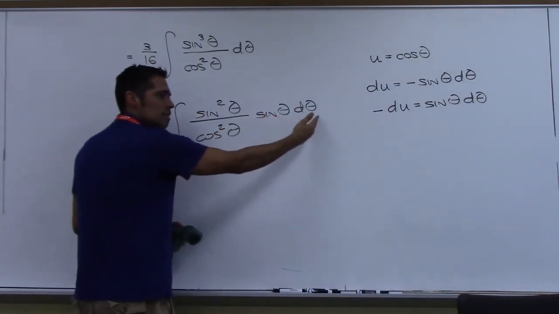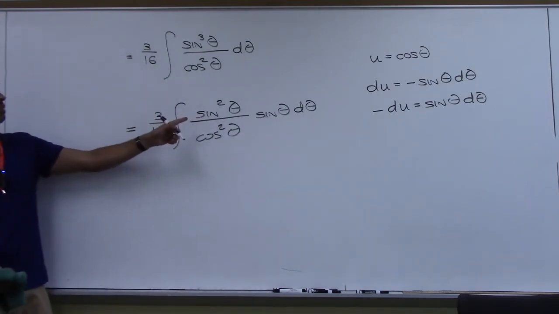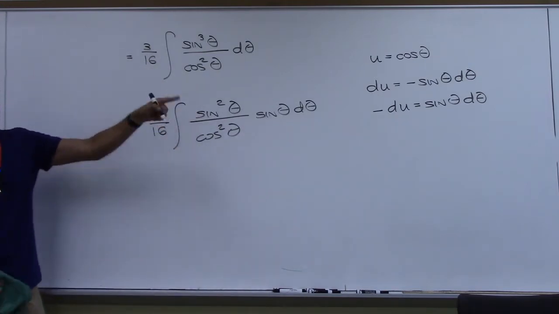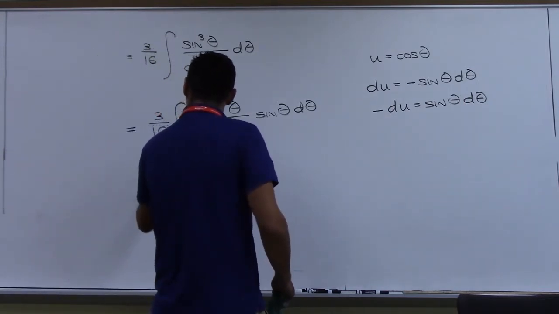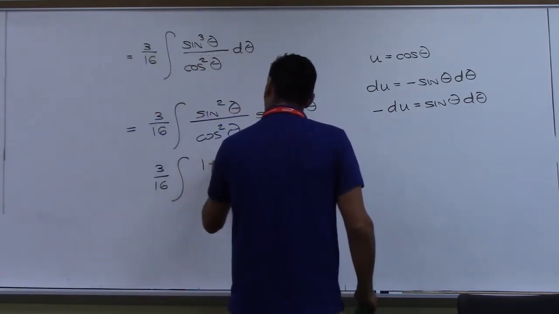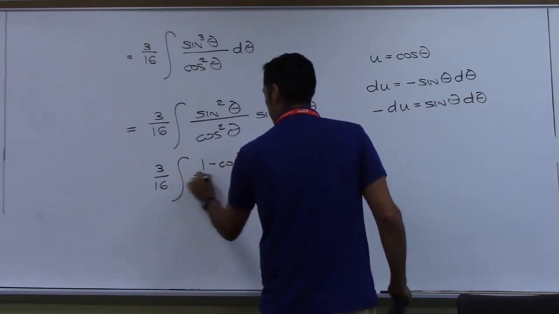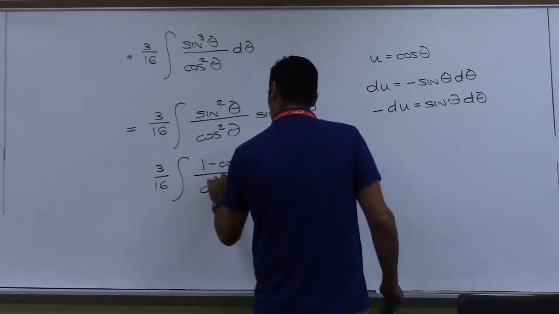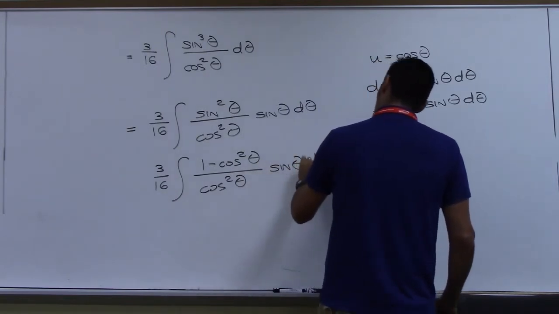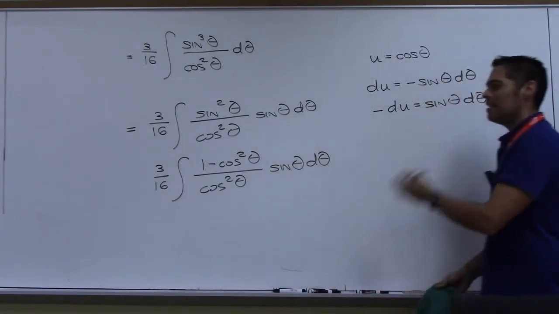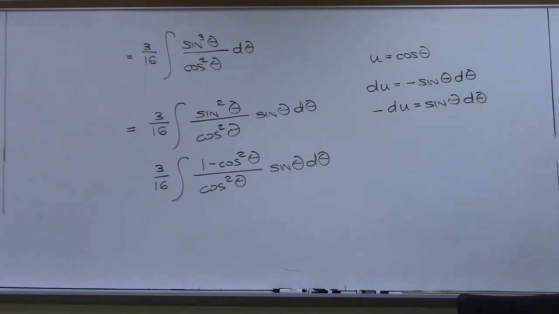That'll be negative du. The sine squared? 1 minus cosine squared. Rewrite it. Almost there. Oh, no, because then we got to take it all back, don't we? Just have to do all that.